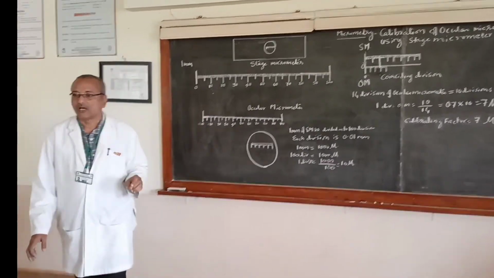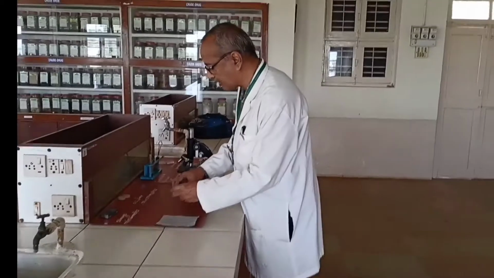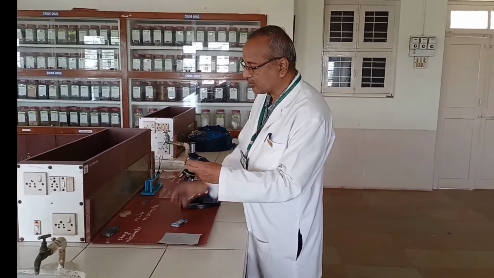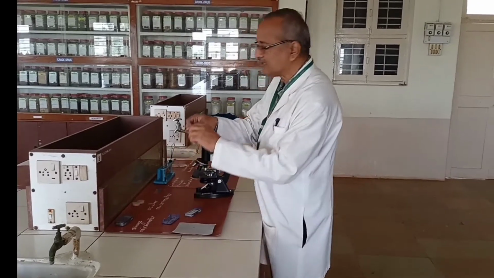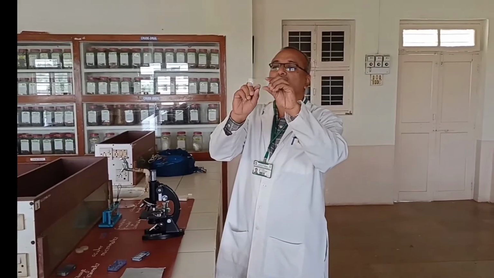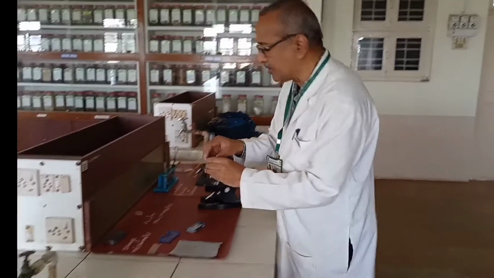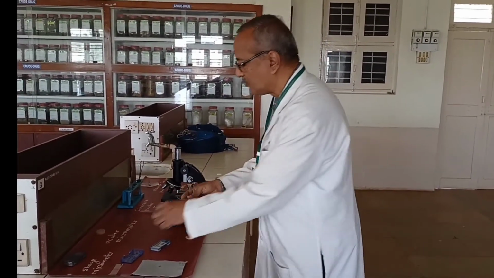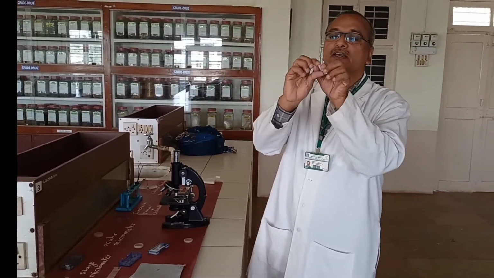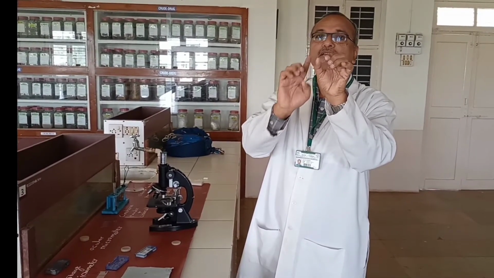Let's come to what the stage micrometer is and what the ocular micrometer is. This is the stage micrometer, the slide which is etched with the 0 to 100 divisions, and it measures 1 millimeter itself. And this is the ocular micrometer, which is circular in shape, and it is also etched with 0 to 100 divisions, but it doesn't have any units.